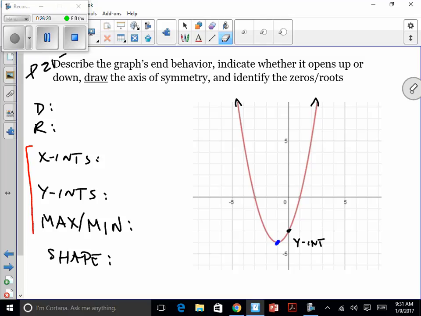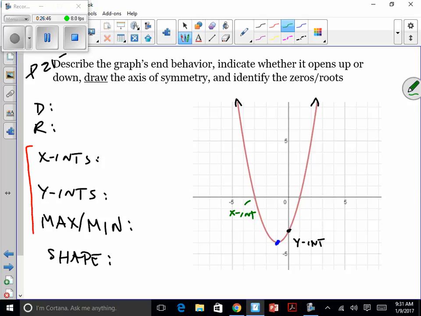Let's see. There are 4 tables. Use the board to do it. So let's do table 1. And that way we'll offer to everyone. Table 1, you're going to give us our first x-intercept. Table 2, sure, why not give us the second x-intercept.